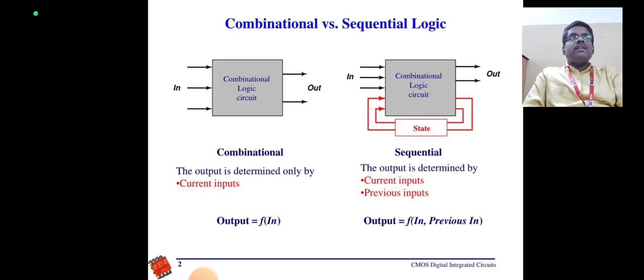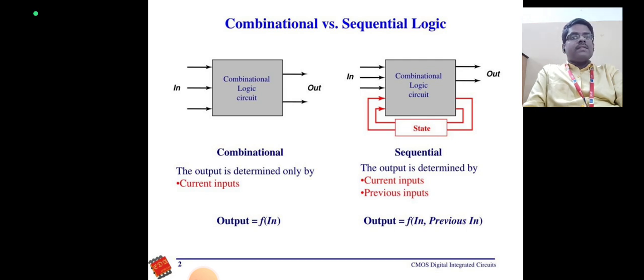First, the differences between combinational and sequential circuits. The output of a combinational circuit depends only on present inputs, not on past outputs. There is no memory element in a combinational circuit.